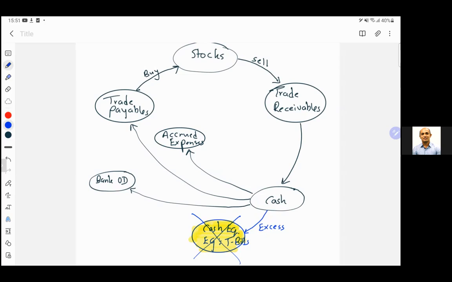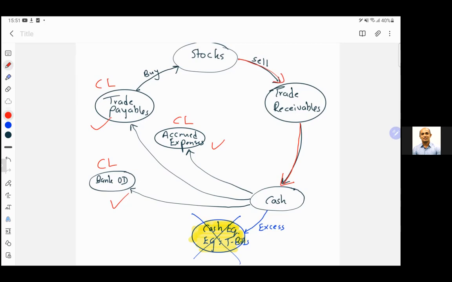Then how do you pay current liabilities? You sell stocks, then receive cash from customers. Using such cash receipts, you can pay your current liabilities. These are your current liabilities: trade payables, accrued expenses, and bank overdraft. You cannot withdraw these treasury bills investments to pay your current liability.